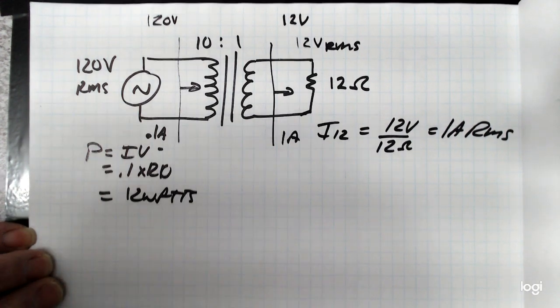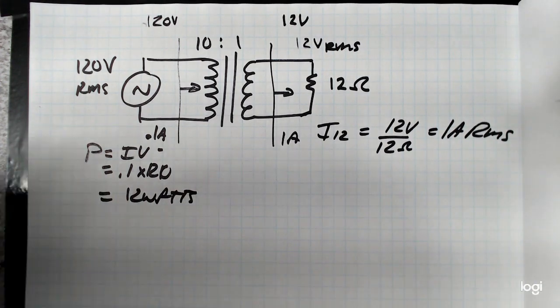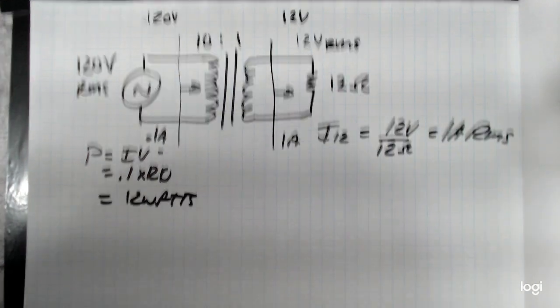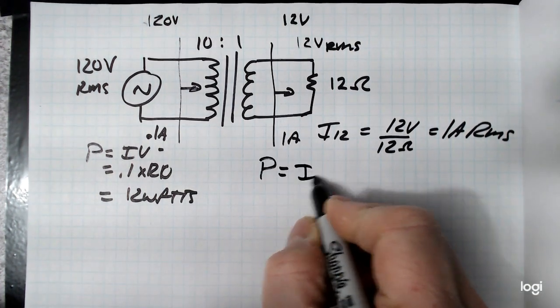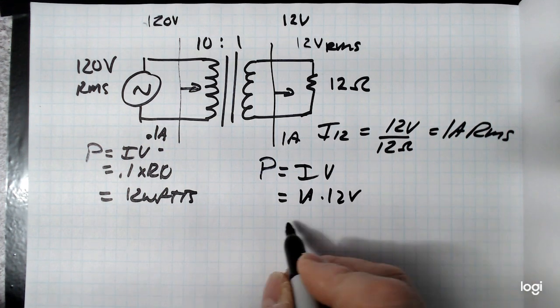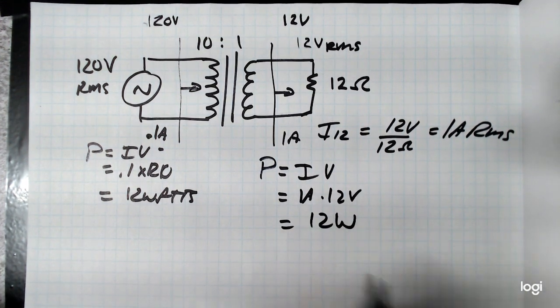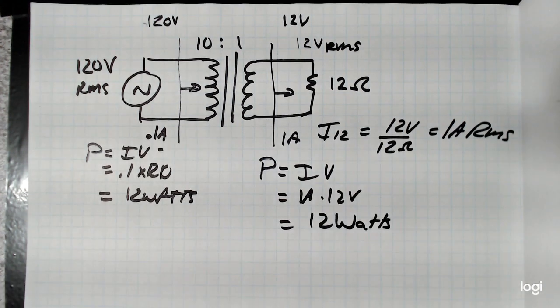So 120 volts and 0.1 amps over here, 12 watts going into the transformer, gets coupled over to the other side. Power on the other side equals IV equals 1 amp times 12 volts equals 12 watts. So you can see we've conserved power. Power going into the circuit is what gets delivered to the resistor.